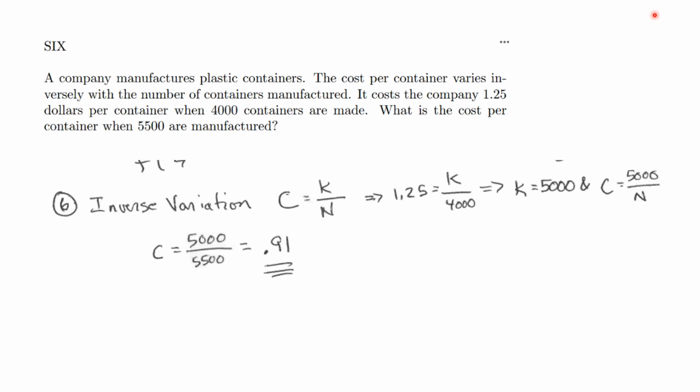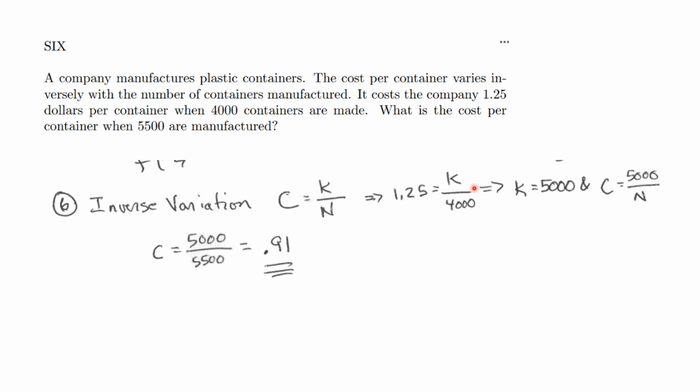Number 6, the problem told you that the cost per container varies inversely with the number of containers manufactured. Inverse variation means that C is equal to a constant divided by N. And so plugging the data that we have in, it is 125 when N is 4,000.